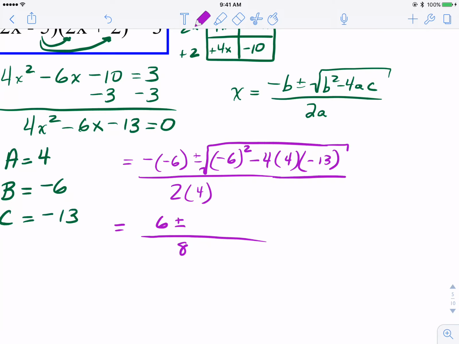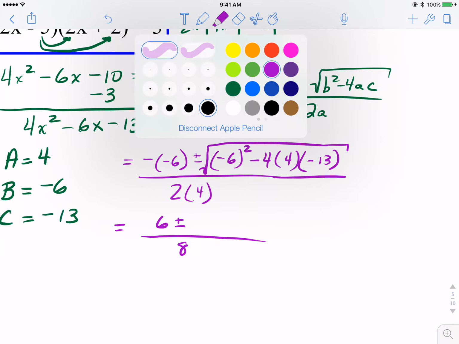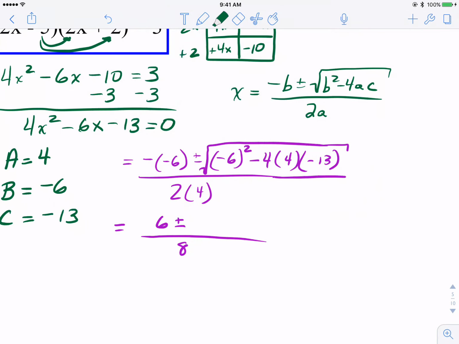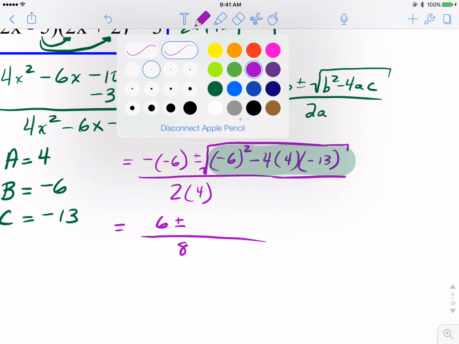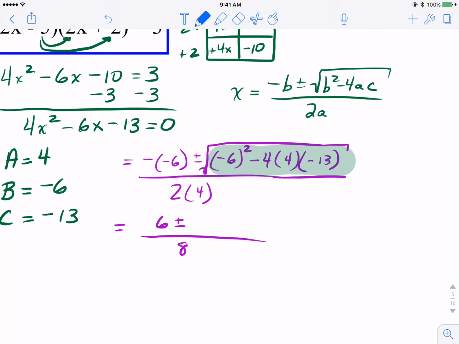And underneath the radical, I would recommend typing this in as a whole string on your graphing calculator as you're doing a problem on your own. I'm just going to do the math here myself. So we're looking at 36 minus 16 times -13.